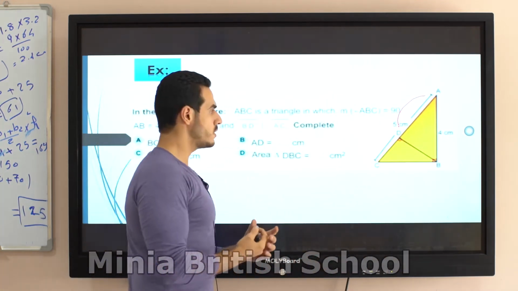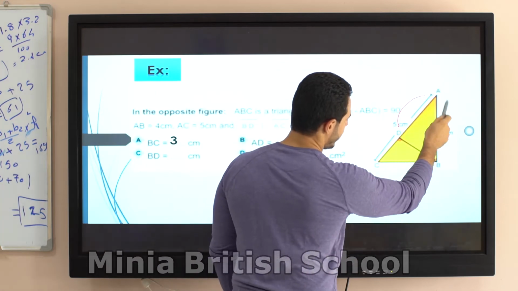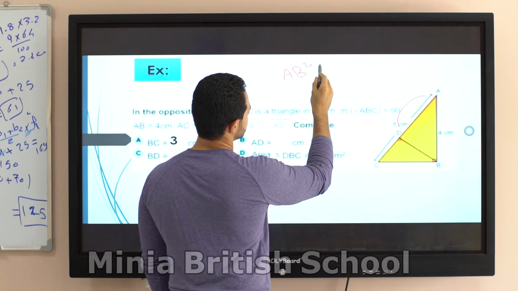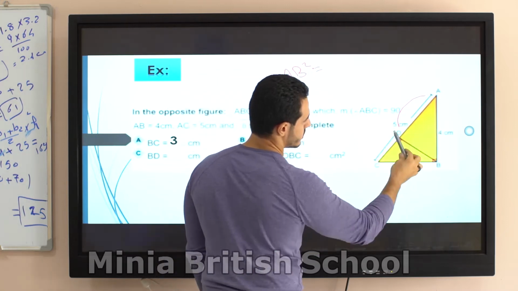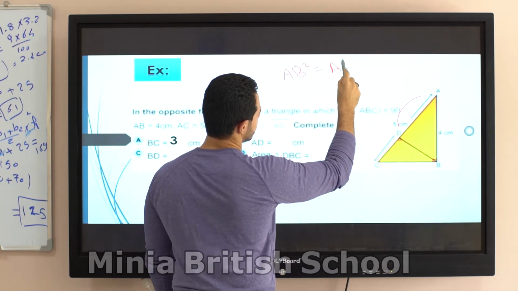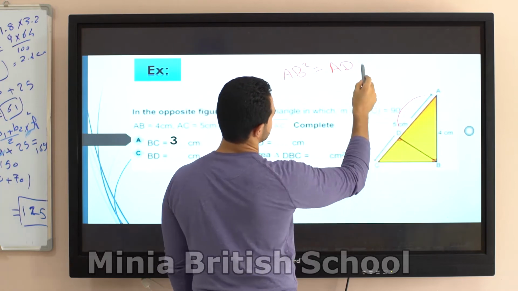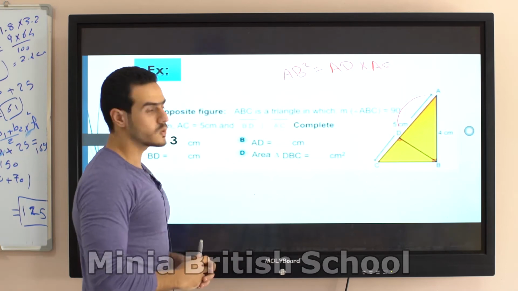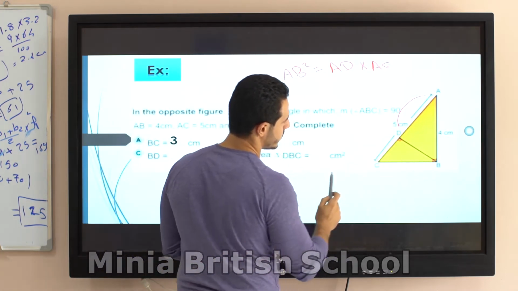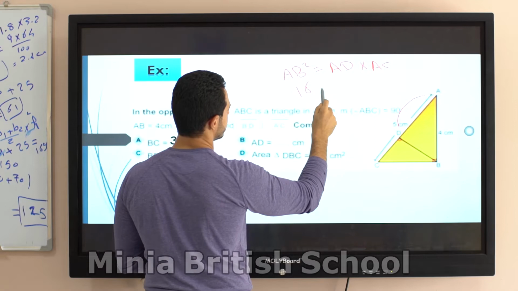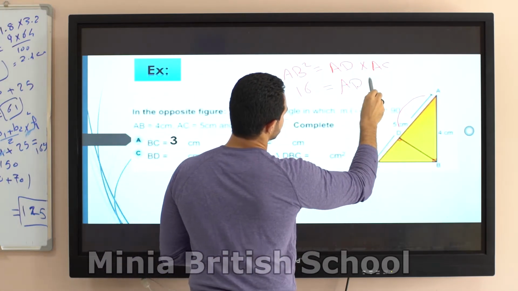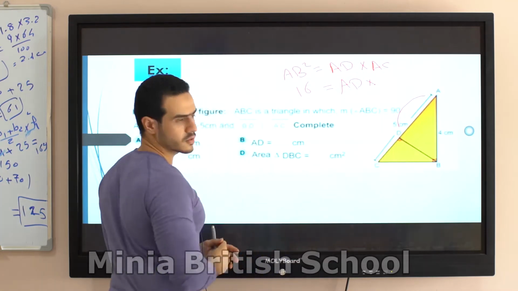We take the rule to find AB. I will say AB square equals its projection AD times the hypotenuse AC. Substitute with numbers: AB square equals 4 square equals 16 equals AD times AC, which equals 5.